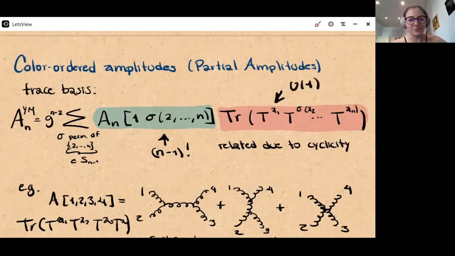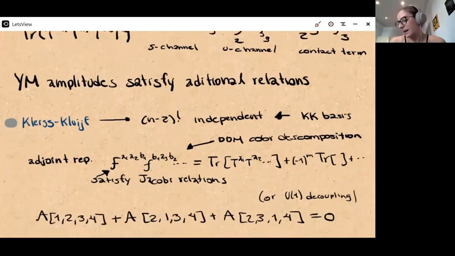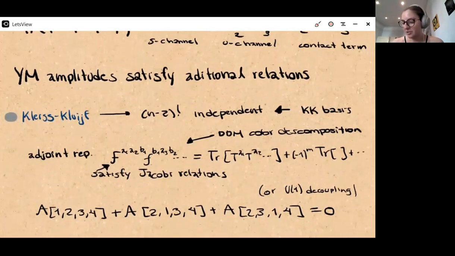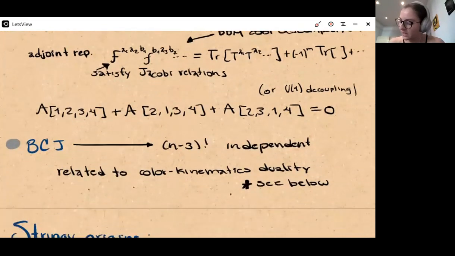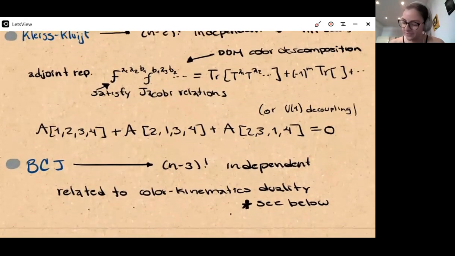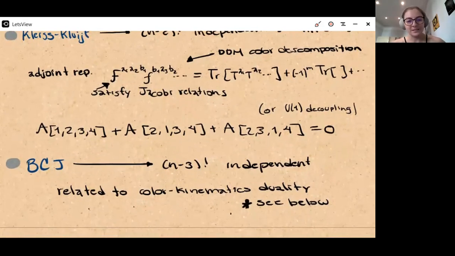And then you will find a lot of relationships between those traces too. So far we have two bases in which we can write our amplitudes: the trace one that I showed you before, and this KK basis, that is usually written in terms of these structure constants.